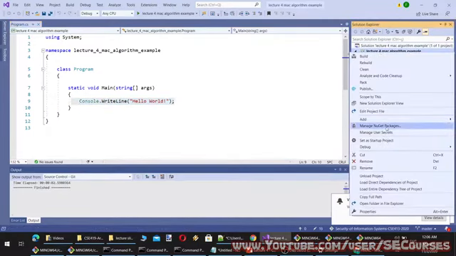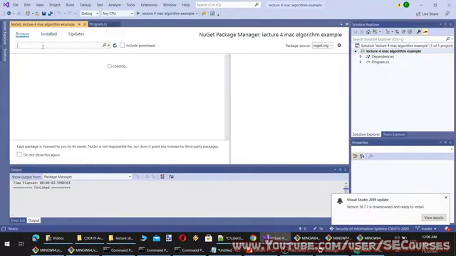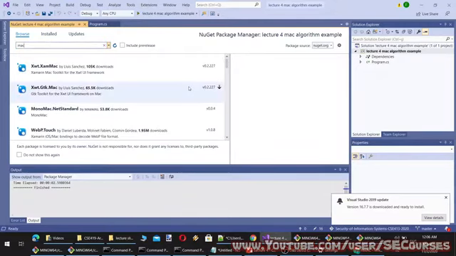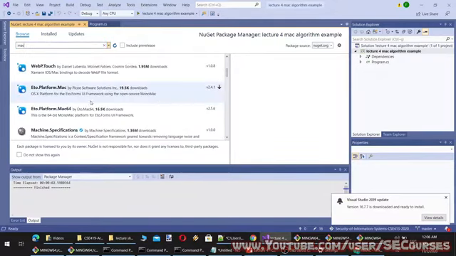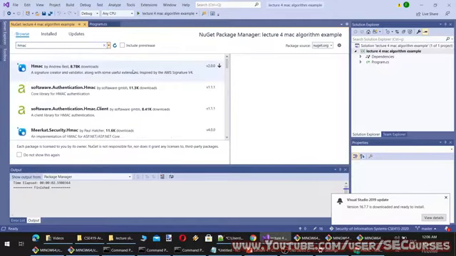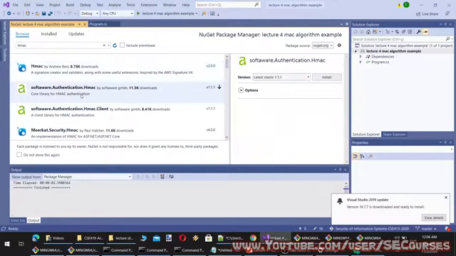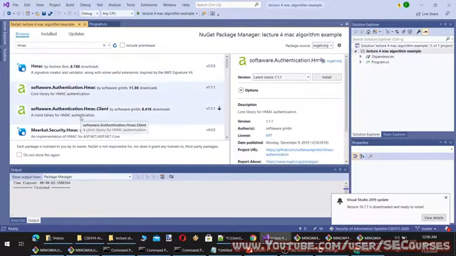So I'm going to say manage NuGet packages, and I'm going to type Mac, but this would be confused with other Macs, so perhaps HMac would be better. Okay, a signature creator and validator along with some useful extensions inspired by AWS signature version 4 for HMAC authentication.